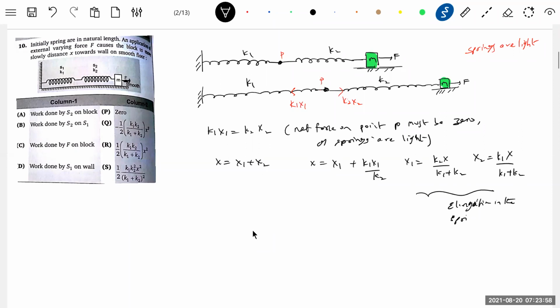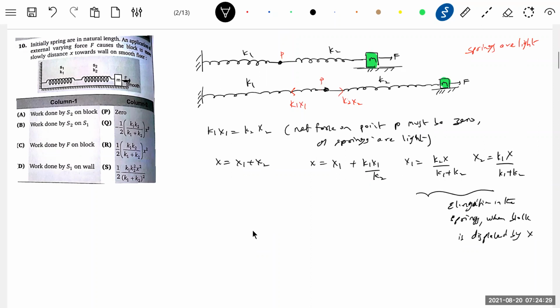Elongation in the springs, then the block is displaced by x. First, work done by S2 on the block, work done by F on the block. All this we have to calculate one by one.